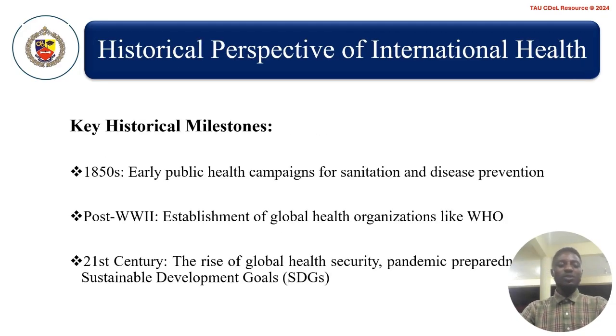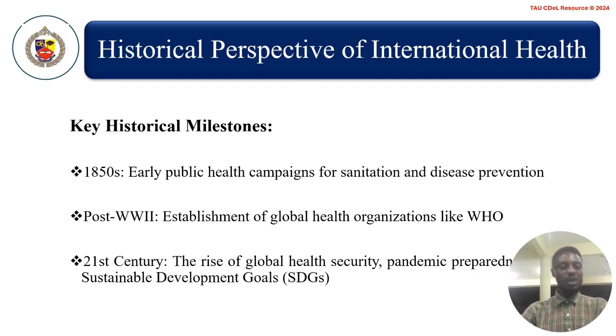Let's look at the historical perspective of international health, and these are the key historical milestones. In the 1850s, the campaigns for sanitation and disease prevention took place, which were very early public health campaigns.